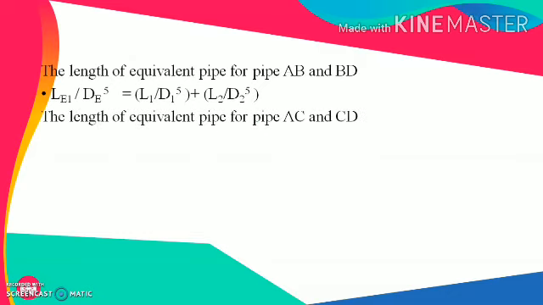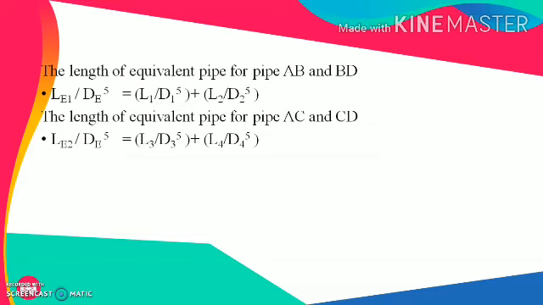The length of the equivalent pipe which will replace the segments AC and CD, which are placed in series, equals LE2 upon D raised to 5, which can be calculated by knowing the segment lengths and diameters using the equation LE2 upon D raised to 5 equals L3 upon D3 raised to 5 plus L4 upon D4 raised to 5.